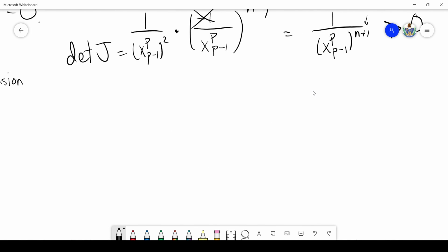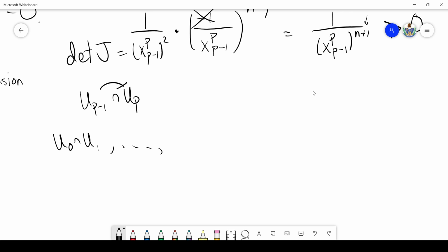So what we've shown is that if we have this intersection, U_p minus 1 intersect U_p, the transformation from one coordinate system to the other has a positive Jacobian.